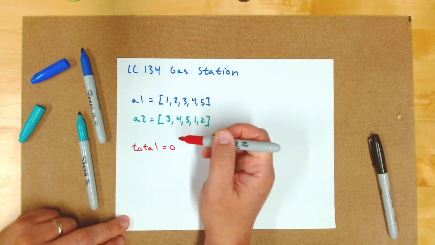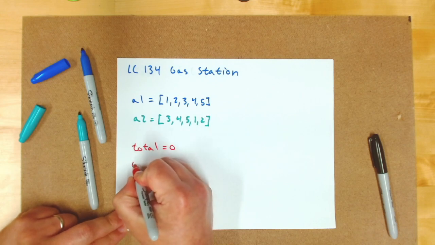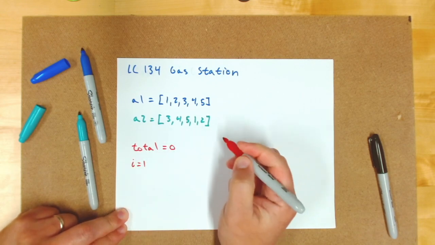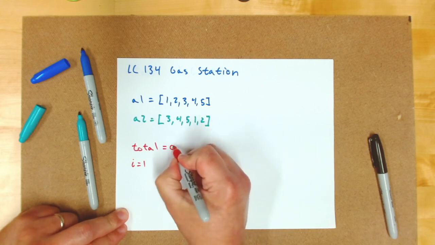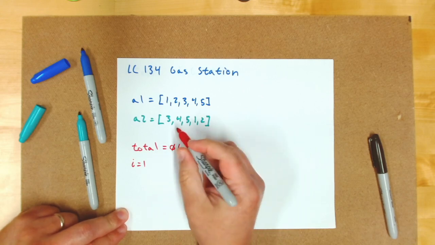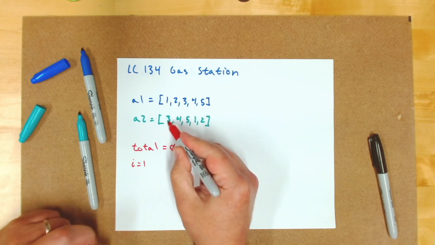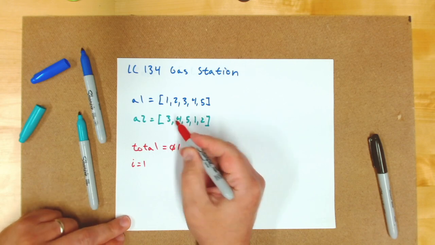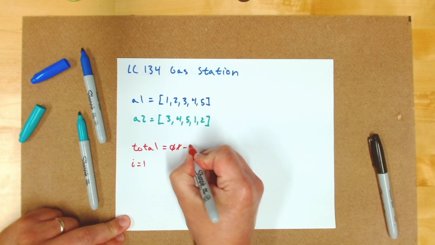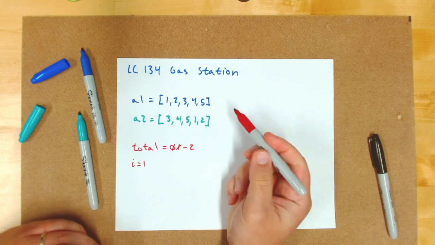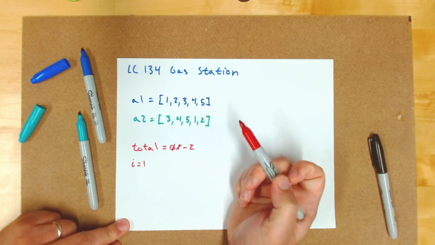If we're starting at index 1, so let's write i equals 1. The total gets incremented to 1. But then it gets decremented by 3 and it becomes -2. So we can't start at index 1.